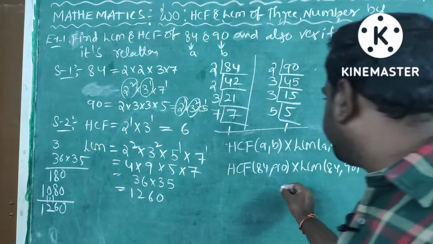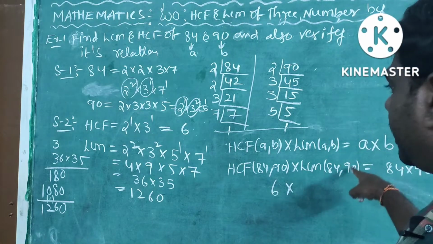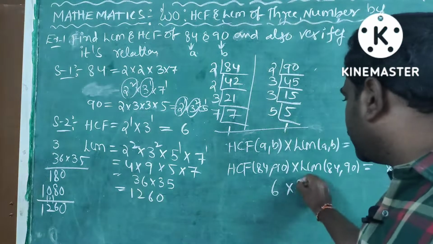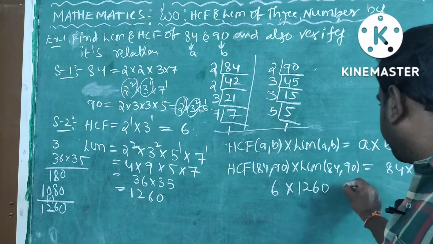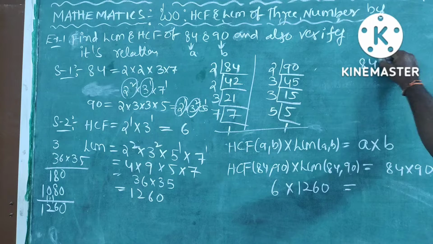That is 6. Now the LCM of 84 and 90, how much did we get here? 1260. Now these 2 numbers multiply: 84 into 90. How much do we get?